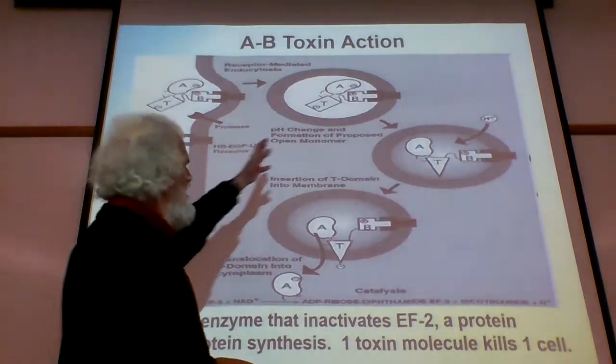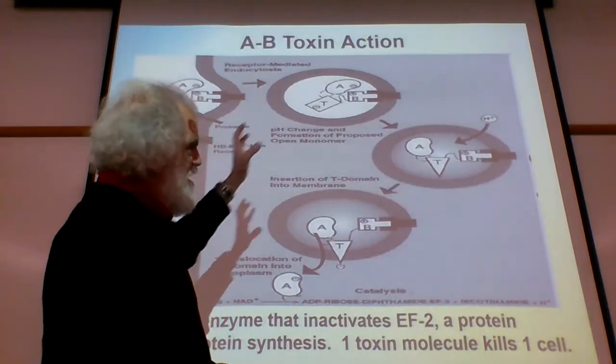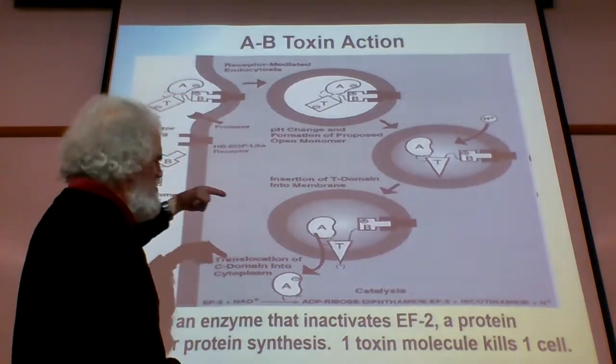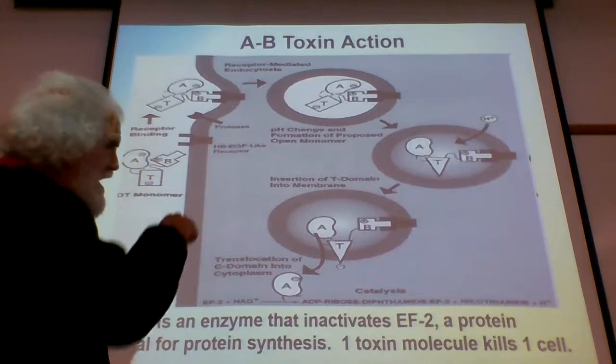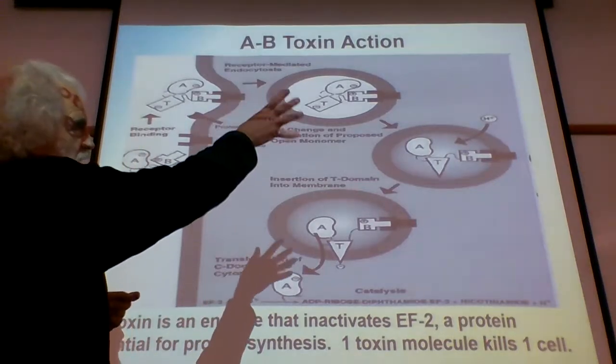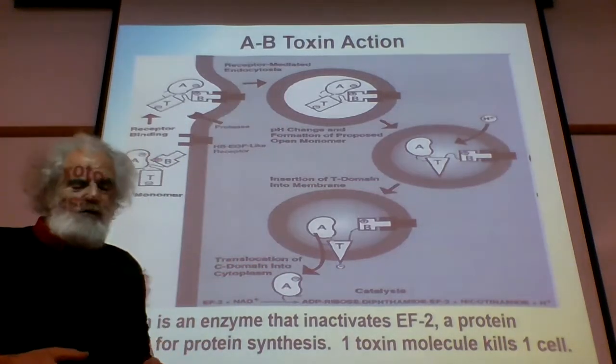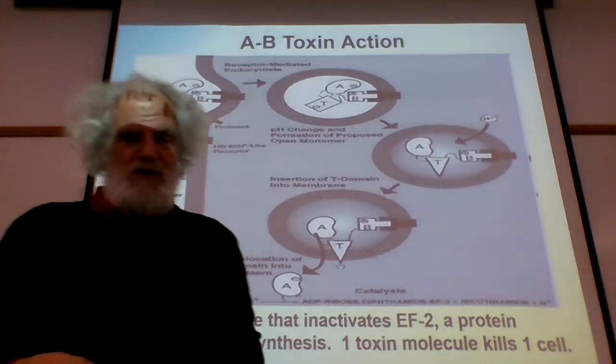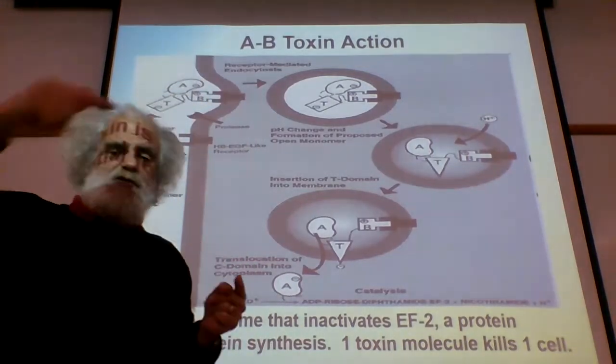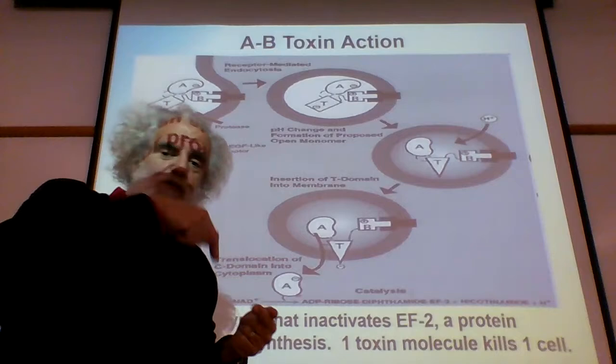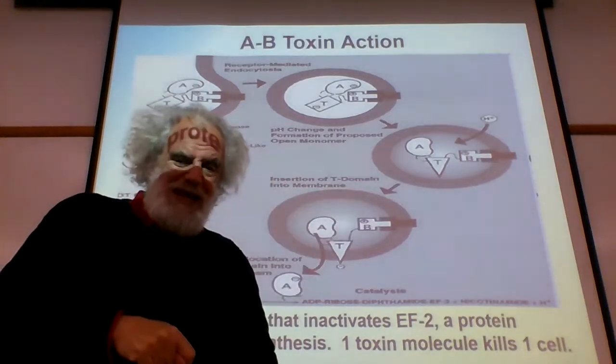And this vesicle is then brought into the cell, and there are a whole range of changes that happen in this vesicle. A typical thing that happens with receptor-mediated endocytosis is that hydrogen ions, protons, are pumped into the vesicle, dropping the pH.